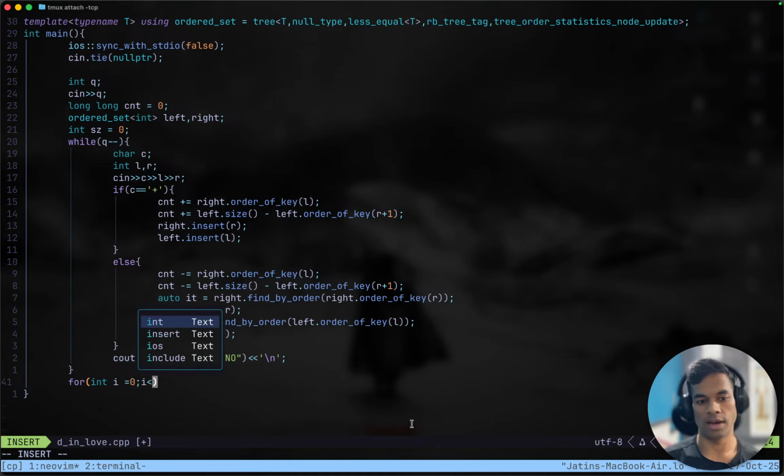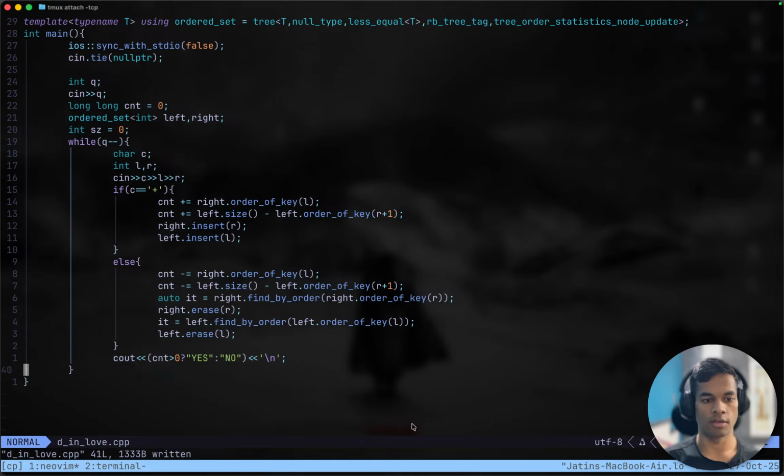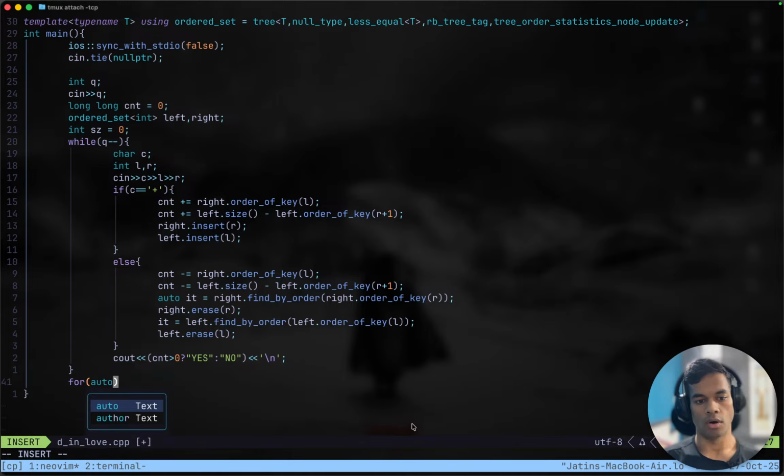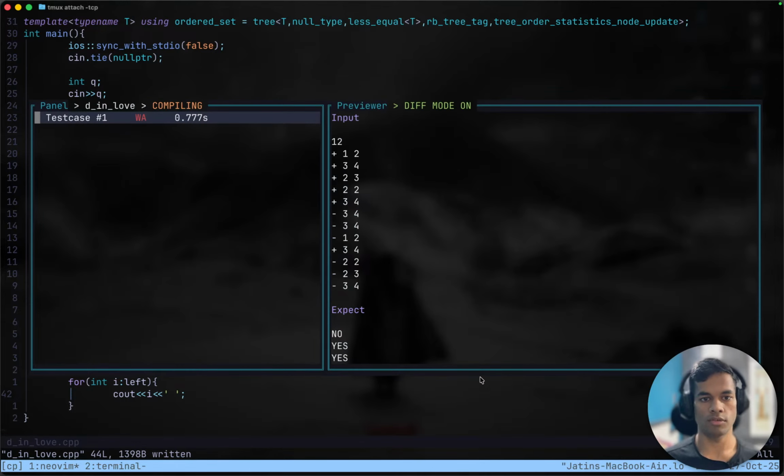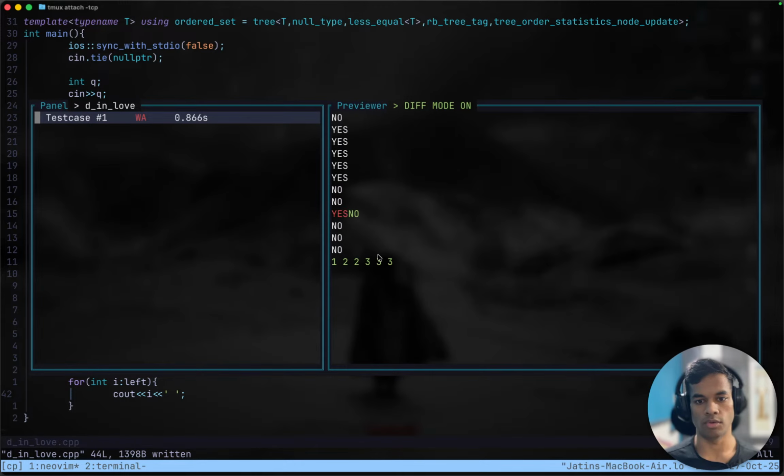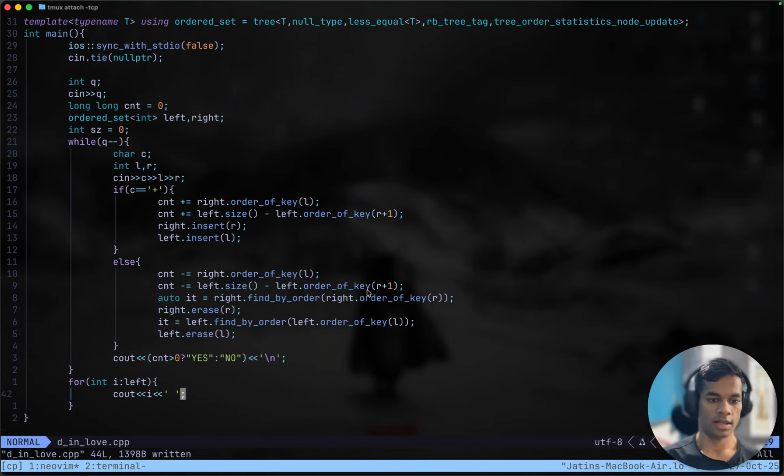I equals 0, i less than left dot size, or we can use this as an iterator, for auto, cout i and space. When you do this, all the values are still there. Check.